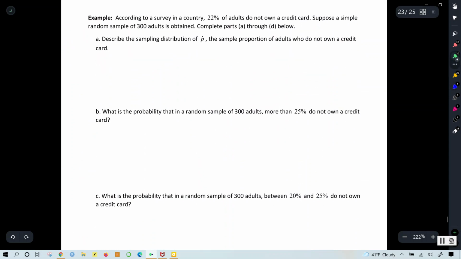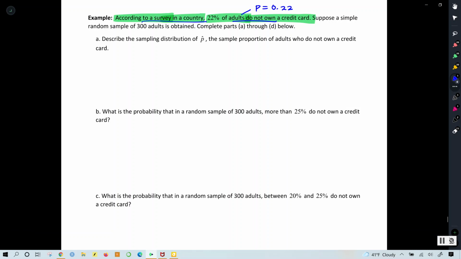In this example, we are told that according to a survey in a country, 22% of adults do not own a credit card. So this is in the entire country, so this is a population proportion. Take note that the population proportion does not have any hat on top of it.